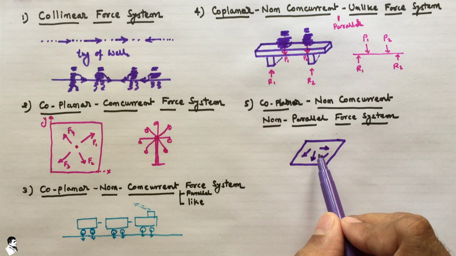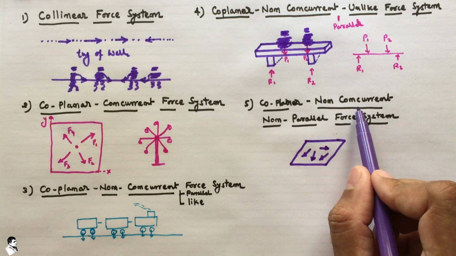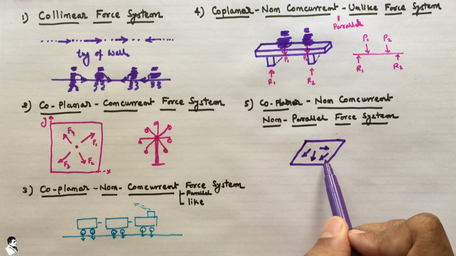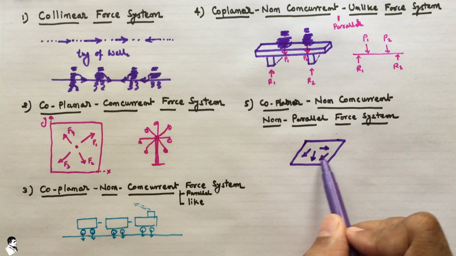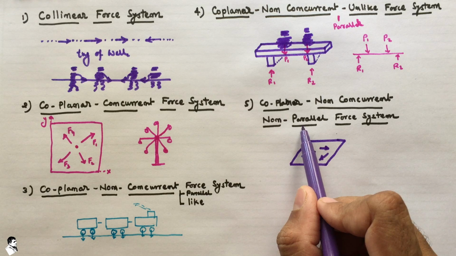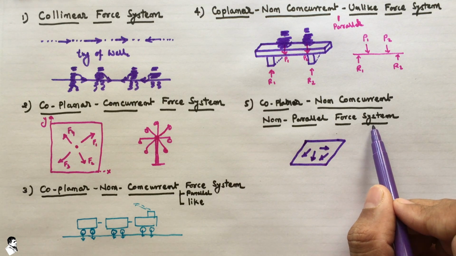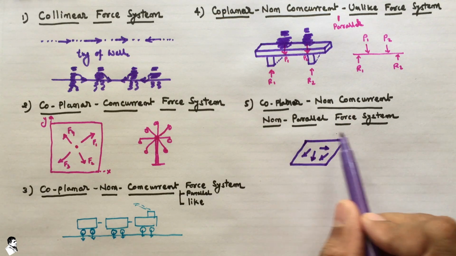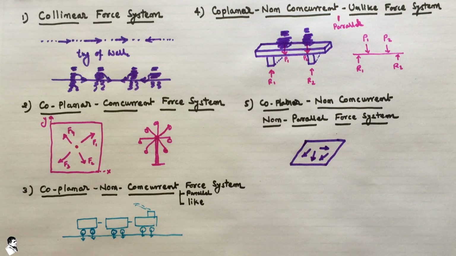They are not meeting at the same point, so it is a non-concurrent system. They are also not maintaining a similar distance to each other, so it is a non-parallel force system. So that's why it is a coplanar, non-concurrent, non-parallel force system.